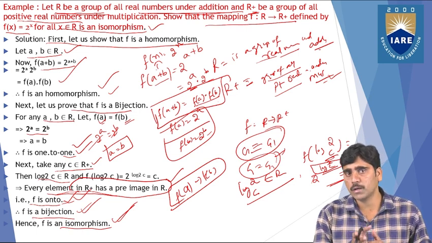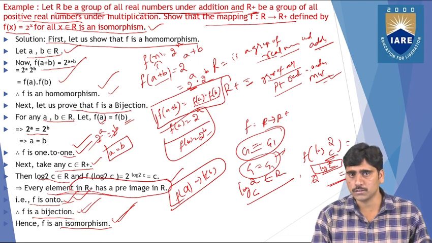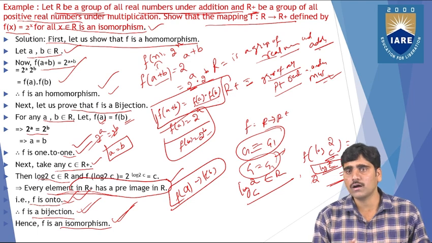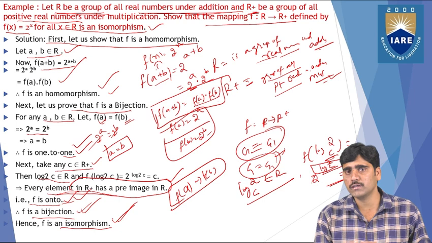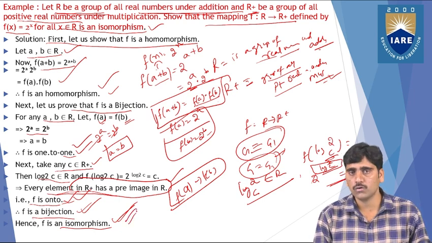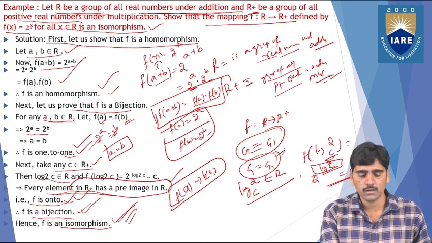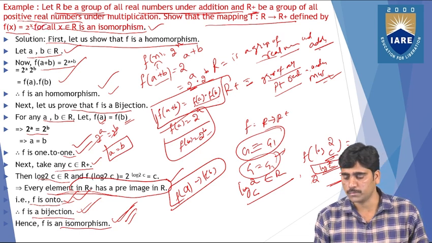Bijection means it should be 1 to 1 as well as onto. So if it is 1 to 1 and onto, it becomes a bijection of the homomorphism. So now it is shown that this is an isomorphism, right?